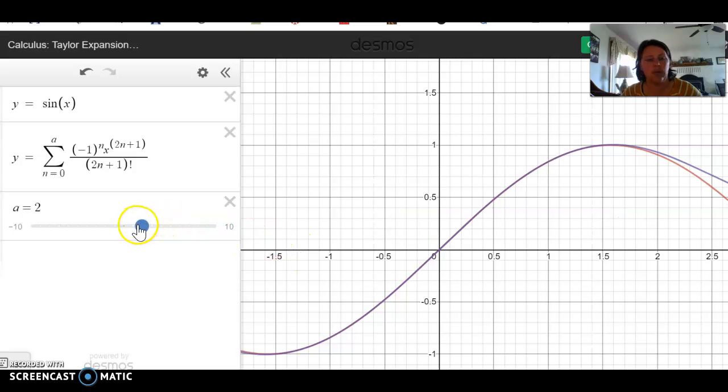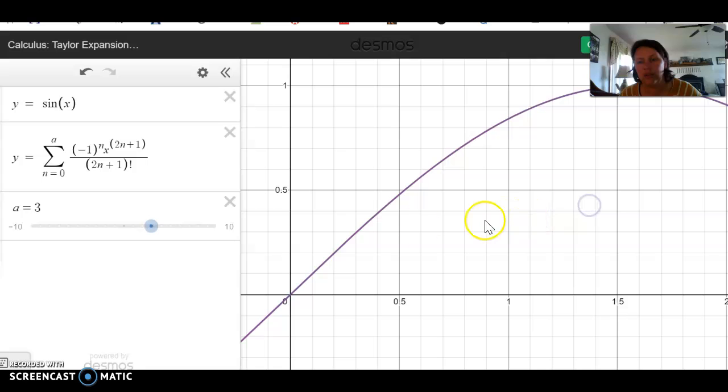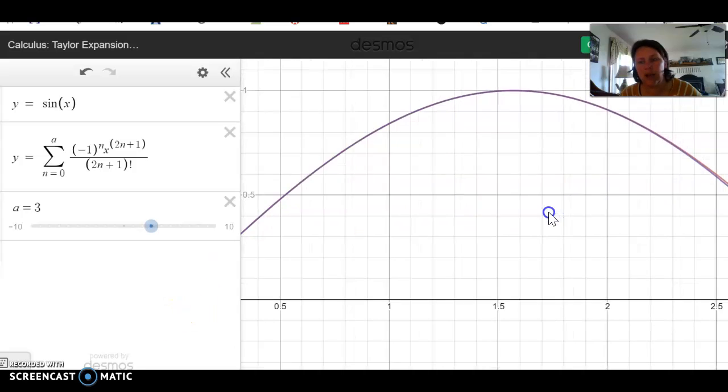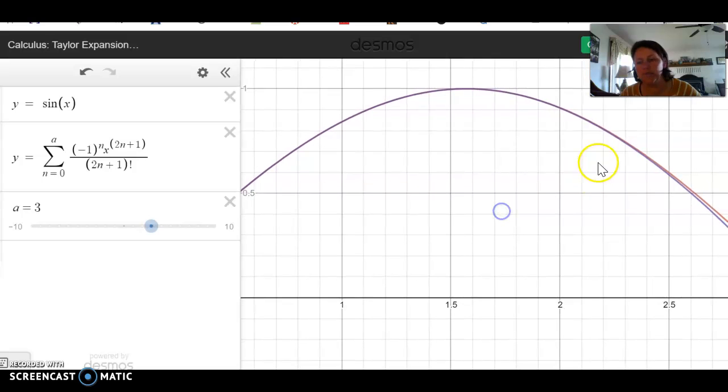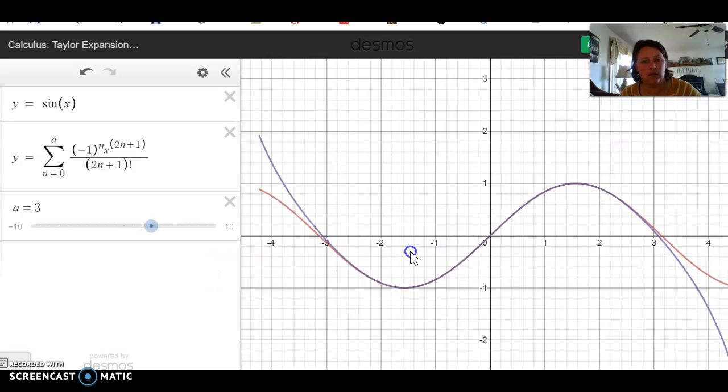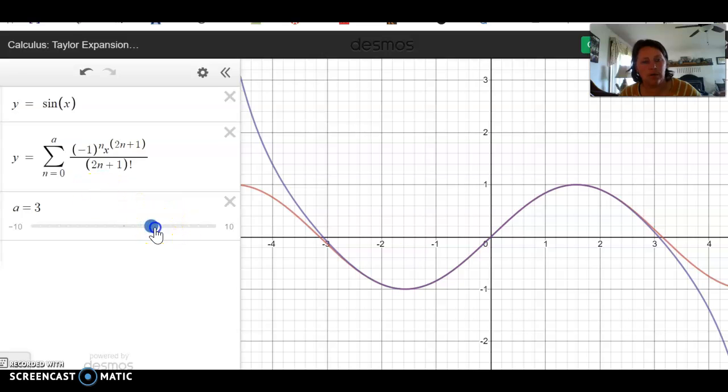So let's go up one more. Now with 3 terms, we are exact between 0 and at least 2, maybe 2 1/4, and then it starts to get off again just a little bit. The more terms we add, now we have 4 terms, look how close our approximation is.